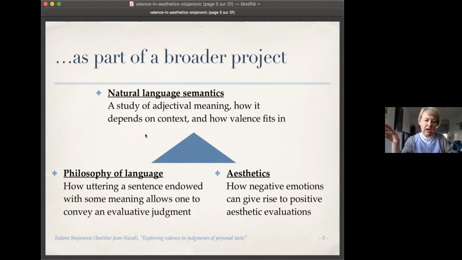And finally, in aesthetics, there is, of course, a lot of study about the nature of aesthetic judgments. That is, for instance, where there has been a lot of work done on the question of how negative emotions can give rise to positive aesthetic evaluations, which is going to be relevant to some of the things that I'm going to talk about today.